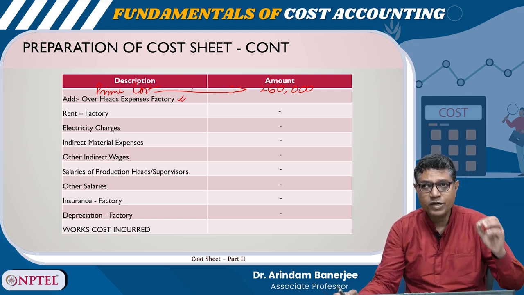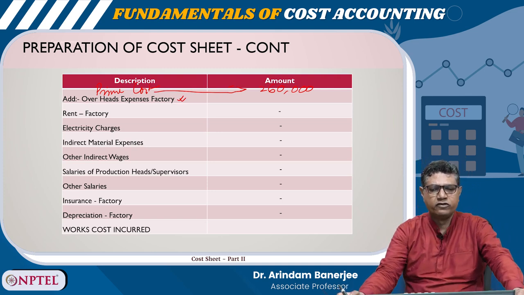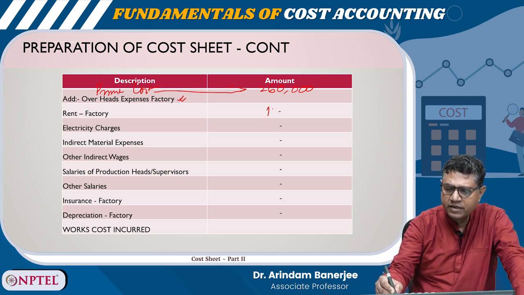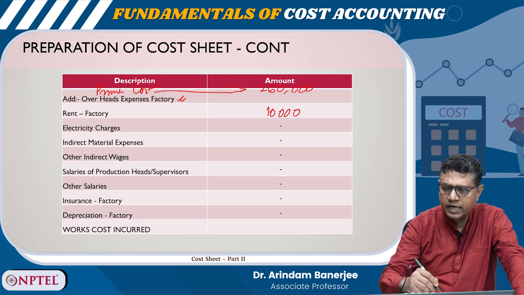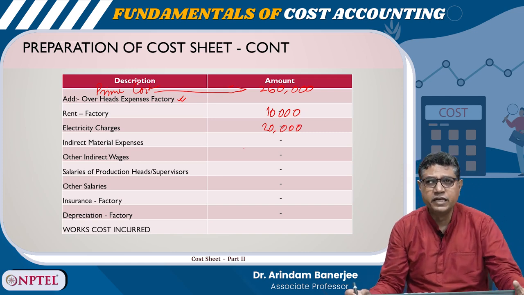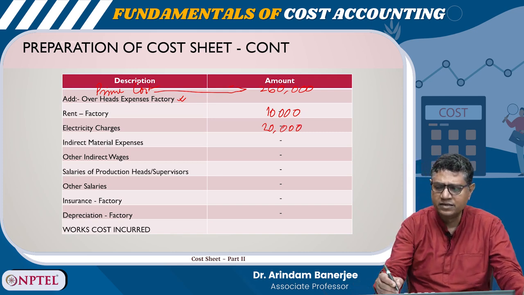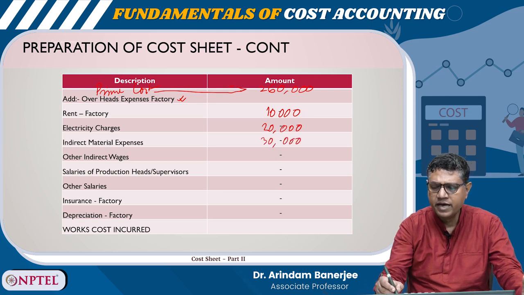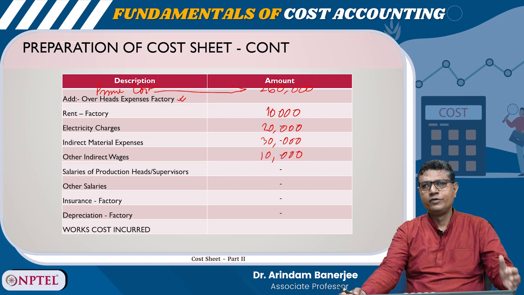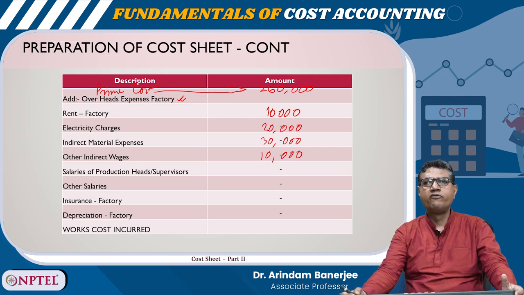Overheads particularly related to the factory. Suppose the factory rent I am paying is 10,000. Electricity charges I am paying say 20,000. Other indirect material like grease, lubricating oils, etc., suppose that is 30,000. Other indirect wages is say 10,000. When production is going on, you have to employ some managers and supervisors.